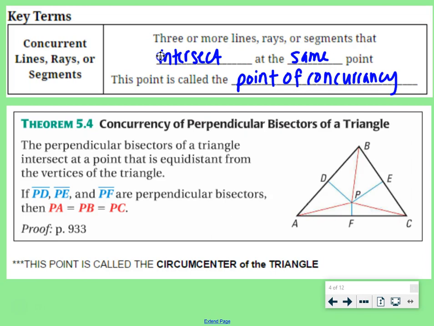Theorem 5.4, concurrency of perpendicular bisectors of a triangle. The perpendicular bisectors of a triangle intersect at a point that is equidistant from the vertices of the triangle.